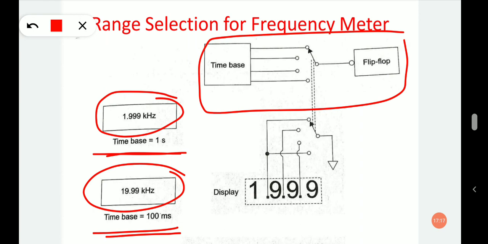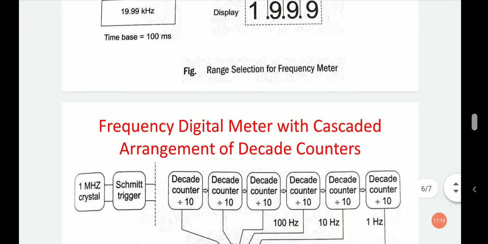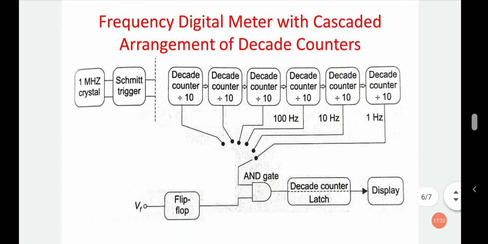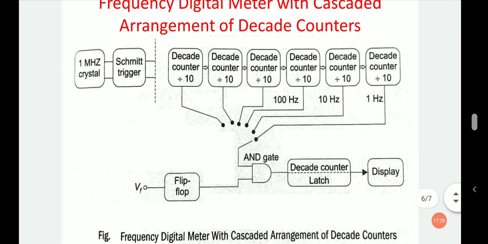The last point was the digital frequency meter with cascaded arrangement of decade counters. Here the frequency meter incorporating decade counters is shown, in which a Schmitt trigger is used as an amplifier or attenuator, and 1 megahertz frequency is converted to 1 hertz, 10 hertz or 100 hertz, getting pulses by decade counters in cascade arrangement.